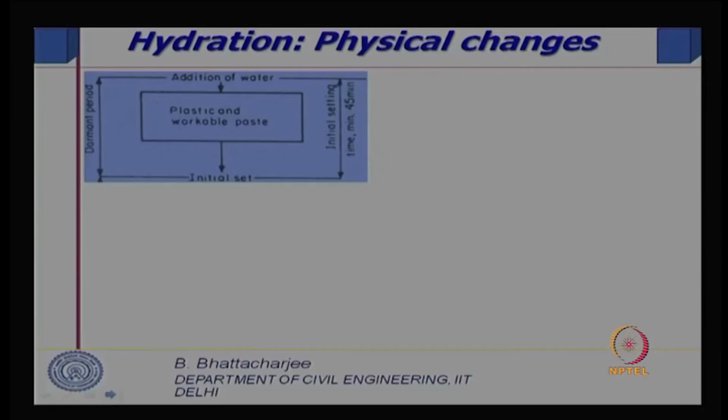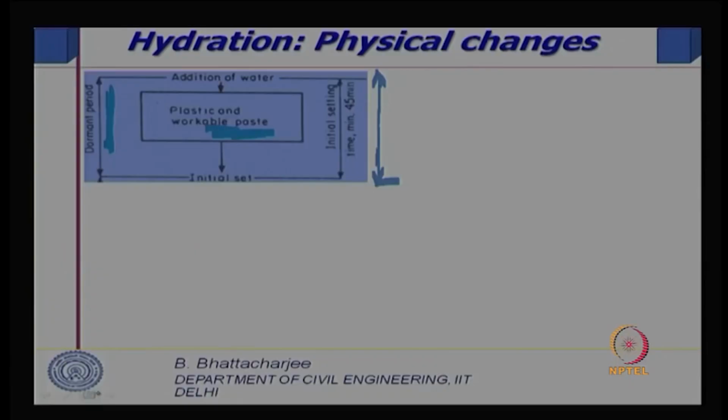Well, physical changes, as we can see: addition of water, we get a plastic and workable paste. This is chemically what we call the dormant stage, and it then solidifies such that if you disturb it further after this stage, it will lose some of its properties. That state we call initial set.